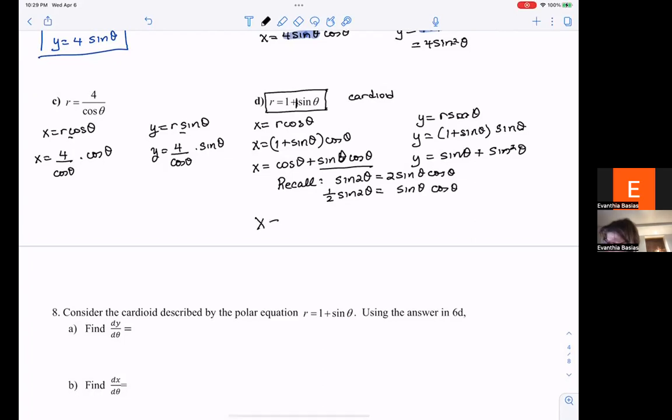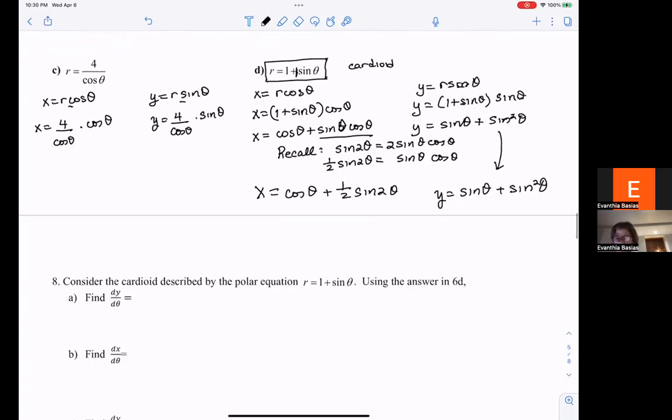So x here is cosine theta plus 1/2 sine 2 theta, and I'll need it below. And this I will leave because I don't need a product rule. I just need a chain rule to differentiate it.